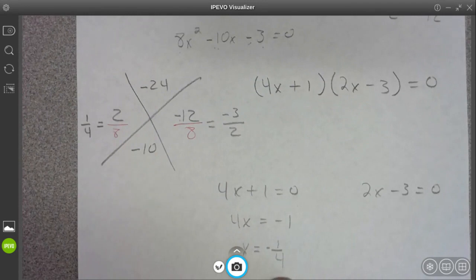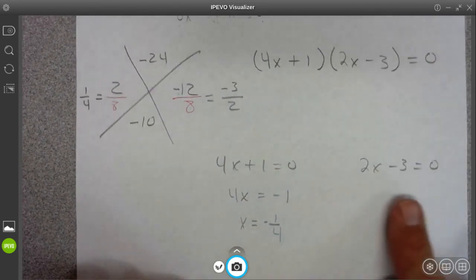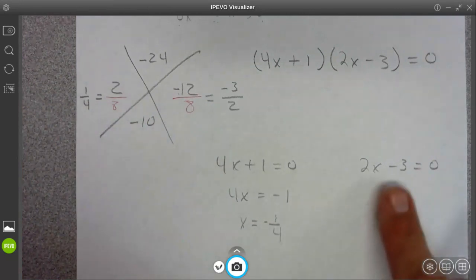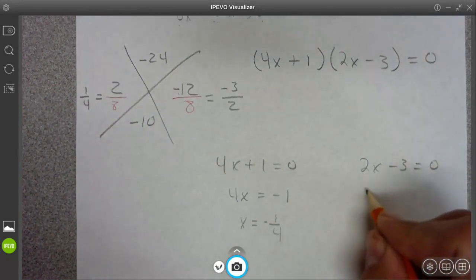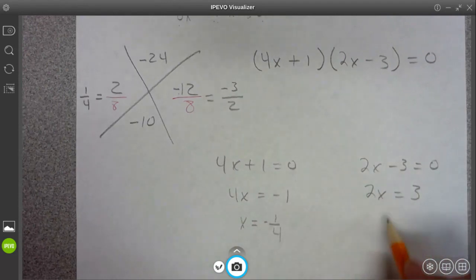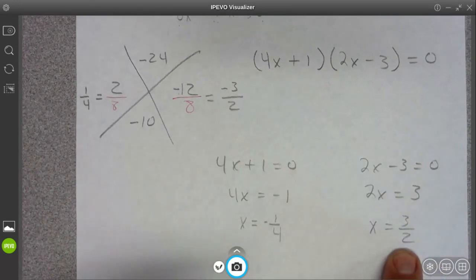So you get negative 1/4. And on this one, I'm guessing I'm going to get positive 3/2. You'll plus 3 to both sides. And then divide by 2. And that's how it happened.